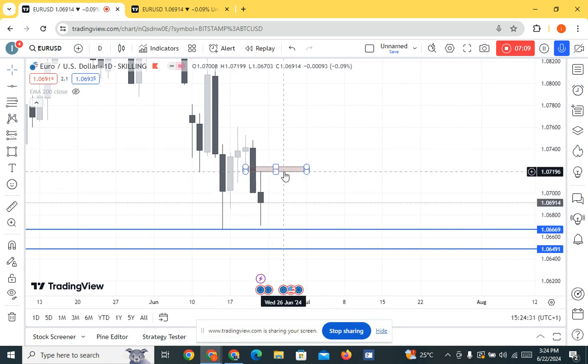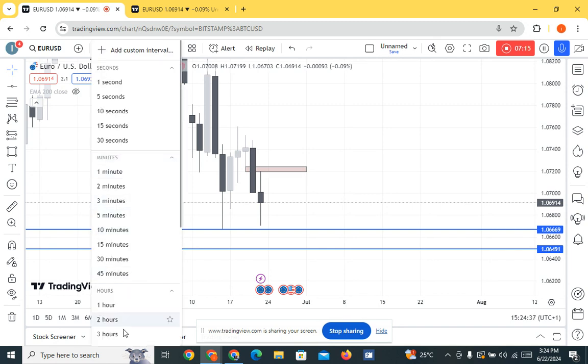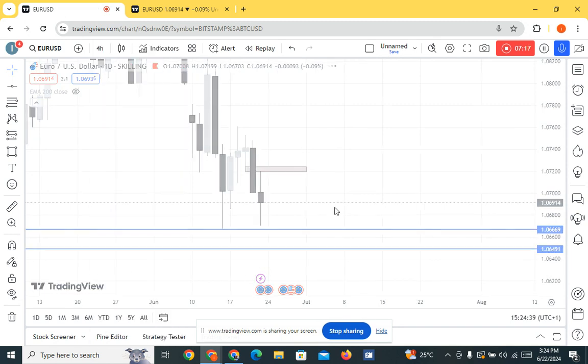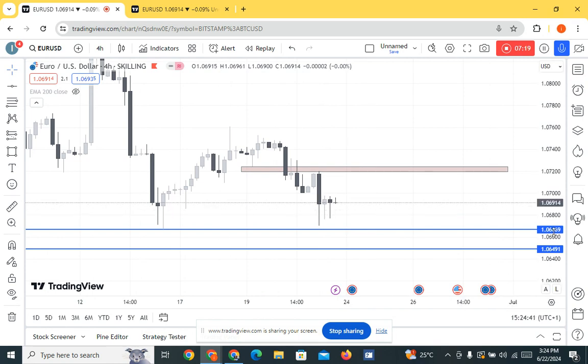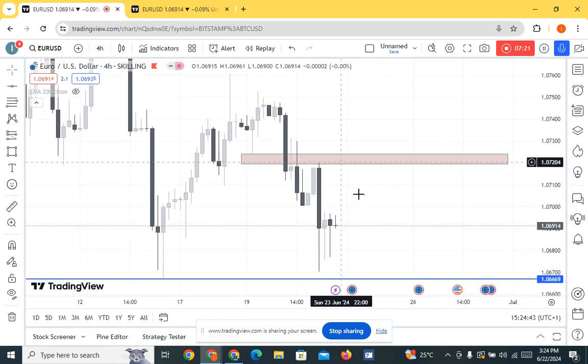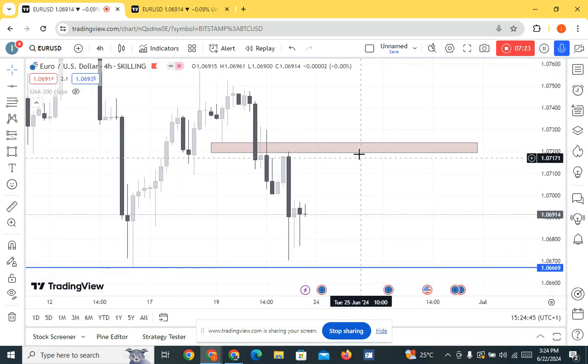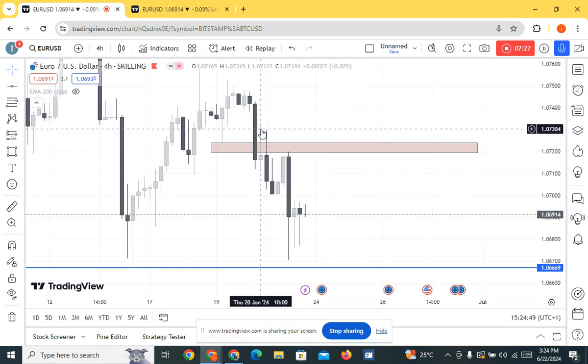Waiting for price to move into this fair value gap. Then we can go to the 4 hour time frame.